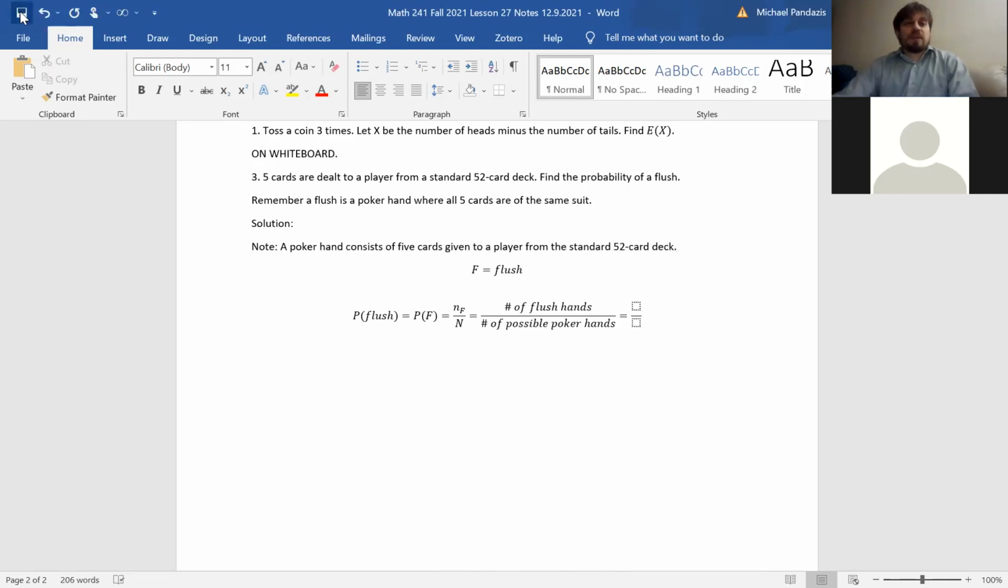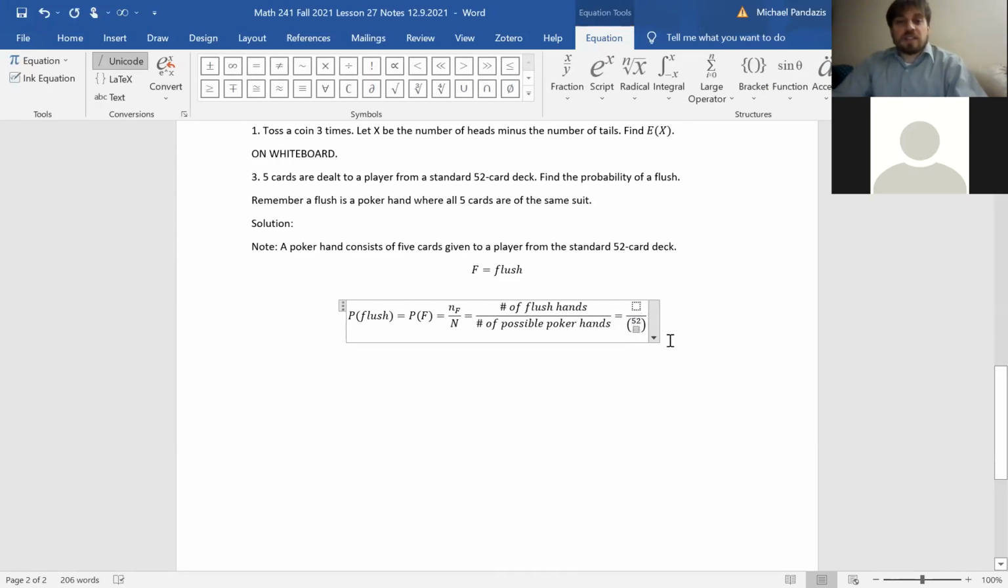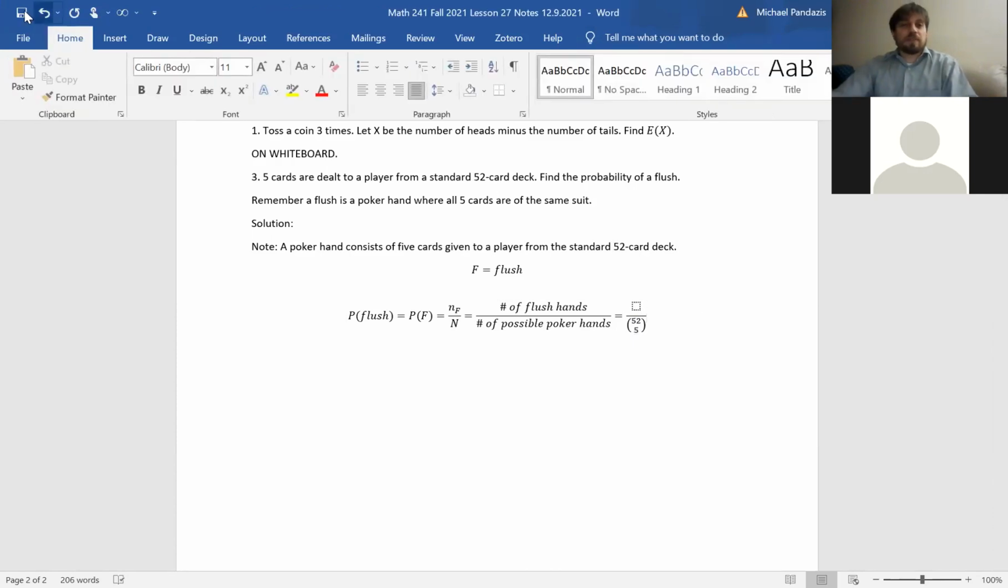If you have 52 cards and you want to know how many ways you can get 5 of them, it's just 52 choose 5. 52 choose 5 is the number of ways to choose 5 things in a set with 52 distinct elements. So 52 choose 5 is the number of ways to choose 5 cards from a standard deck of 52 cards. That's the number of possible poker hands. The numerator is the number of flush hands.